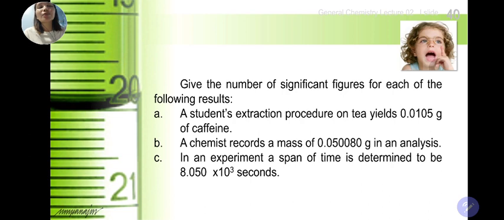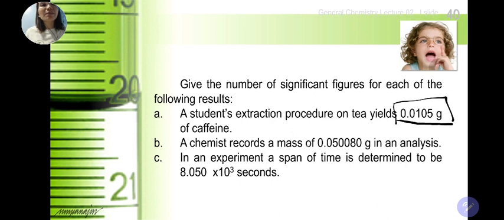So, next, we're going to have these examples. We have to give the number of significant figures for each of the following results. A student's extraction procedure on tea yields 0.0105 grams of caffeine. How many significant figures are here in this given situation?